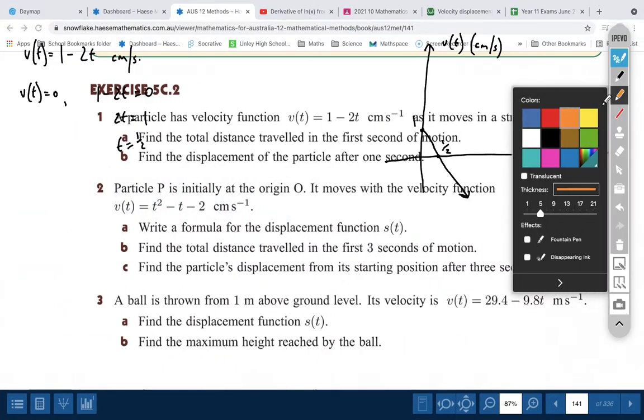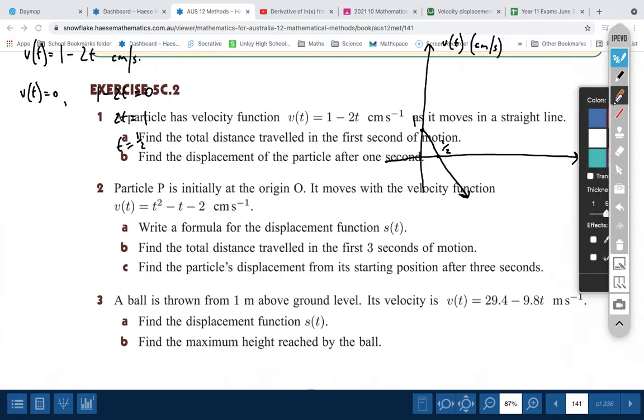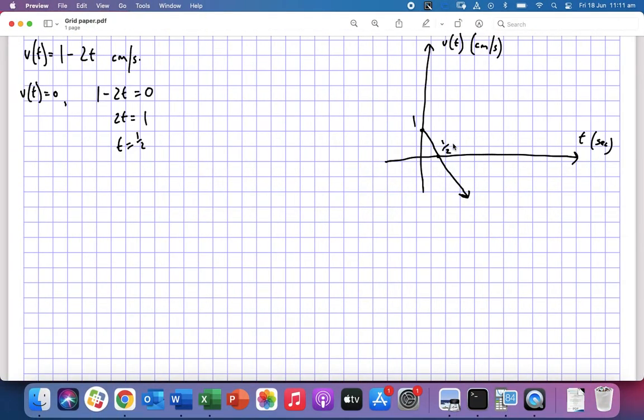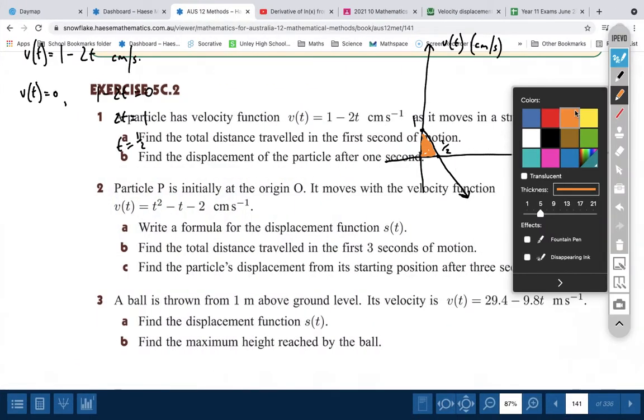Go orange. Yeah, try that. They mean, what's this area? Can't remember what I said now. Did I say displacement or? They want displacement and distance after 1 second.